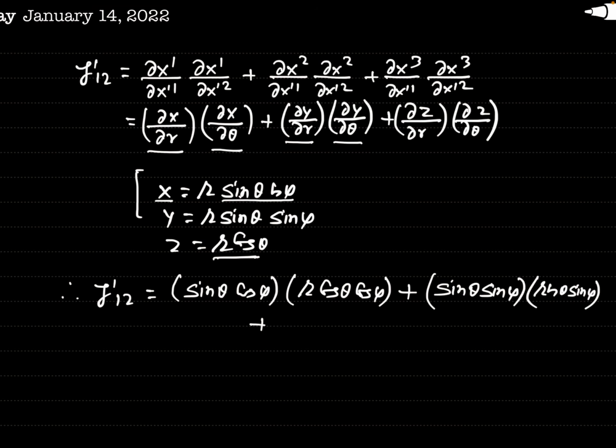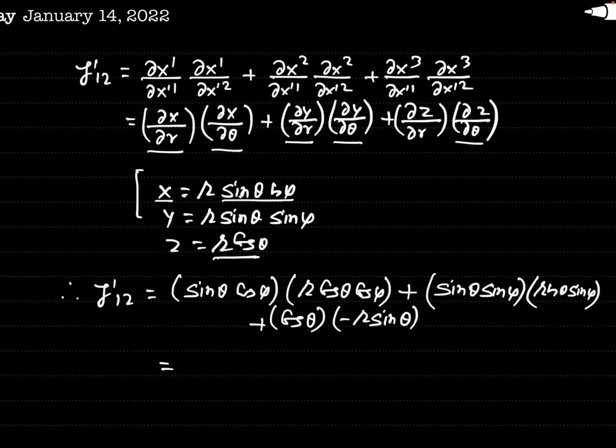See here, del z by del r, this is simply cos theta, and del z by del theta, this will be minus r sine theta.